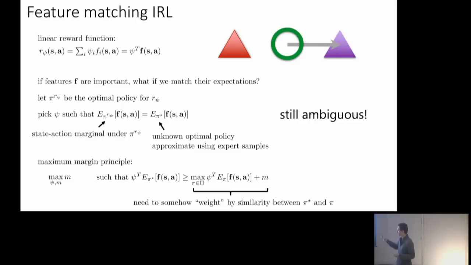If the expert assigns a probability of 0.9 to some action and another policy assigns a probability of 0.899999, that's a very similar policy, so it's unreasonable to say we want the same margin against everybody. So we have to weight these things by the similarity between pi star and pi, so that your margin against policies that are almost identical isn't considered as heavily as that against policies that are different.